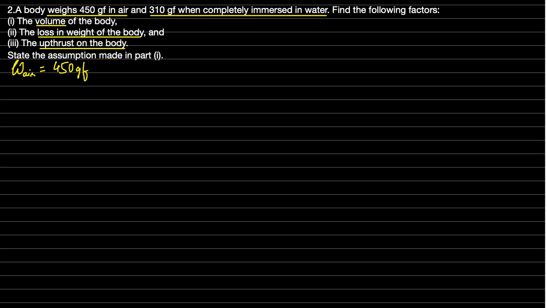When we convert gram force to kilogram force, we divide by 1000. So 450 divided by 1000 is 0.45 kgf. And when we convert kgf to newtons, we multiply by 10. So 0.45 into 10 gives us 4.5 newtons.